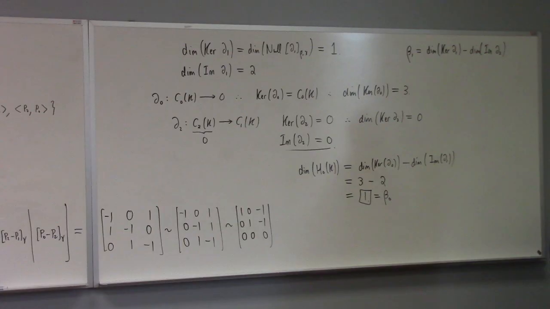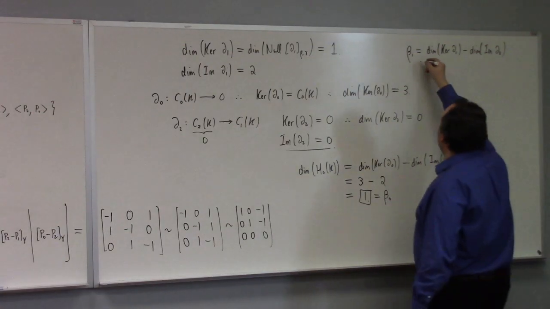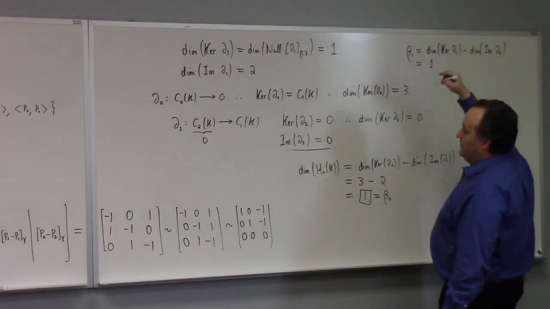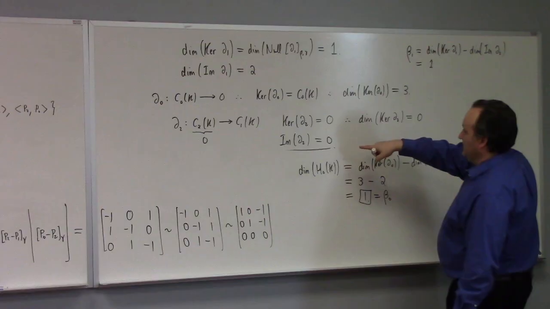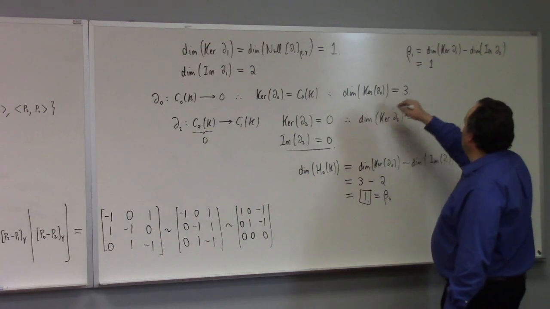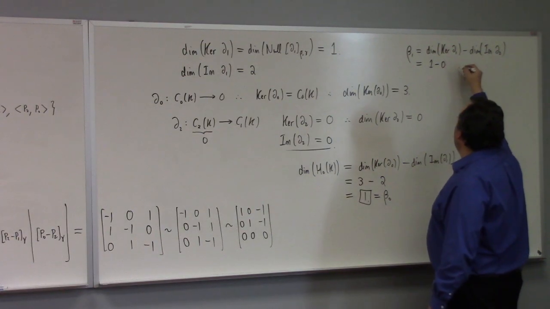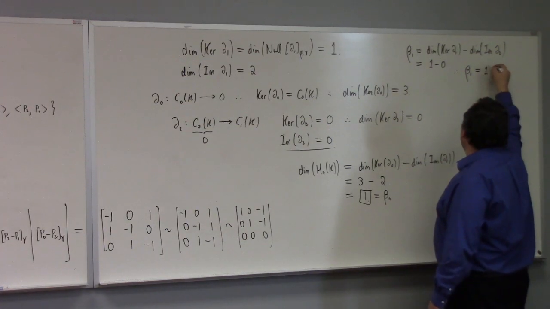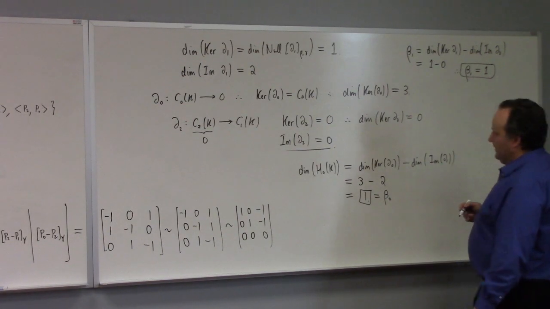Now the kernel of boundary 1 we just figured out was 1, and the dimension of image 2 was 0. So therefore the first Betti number is also equal to 1.